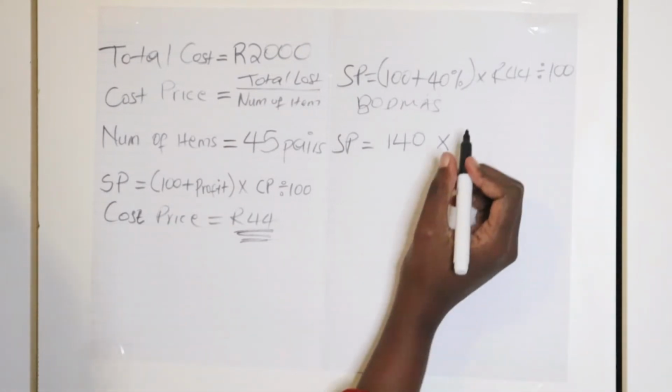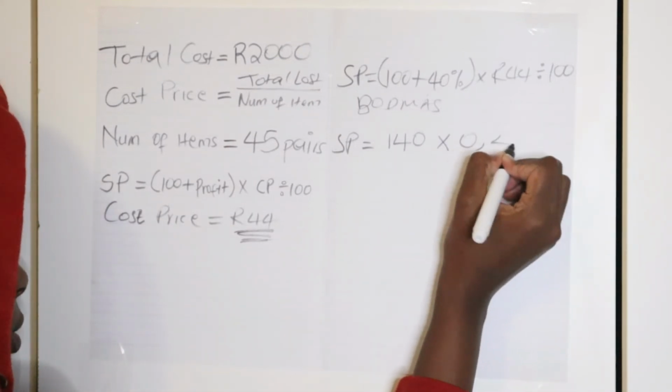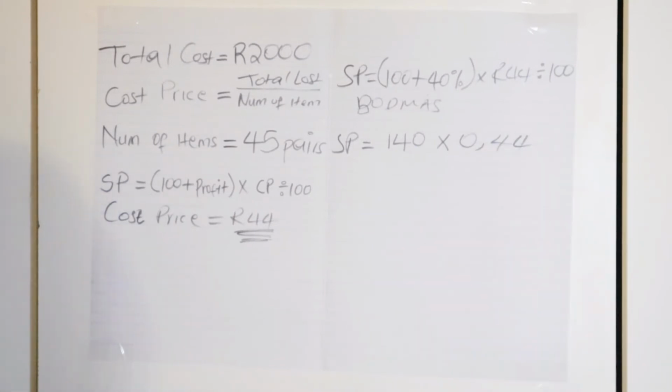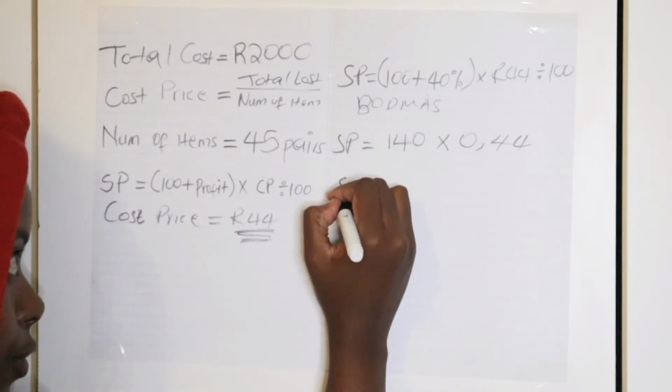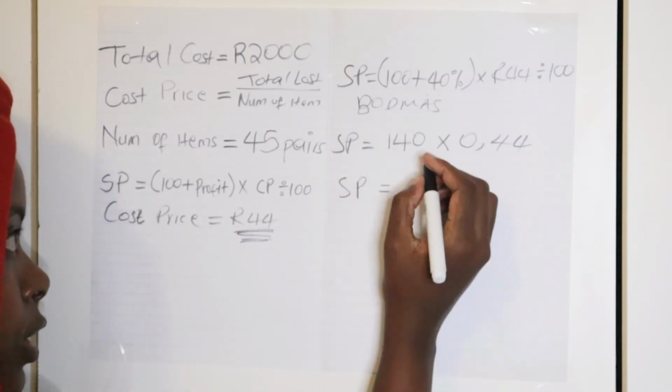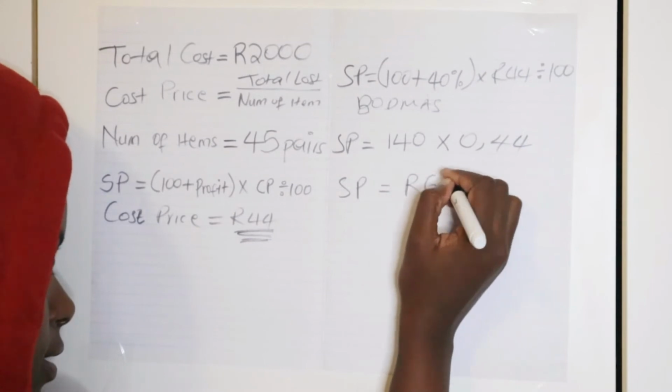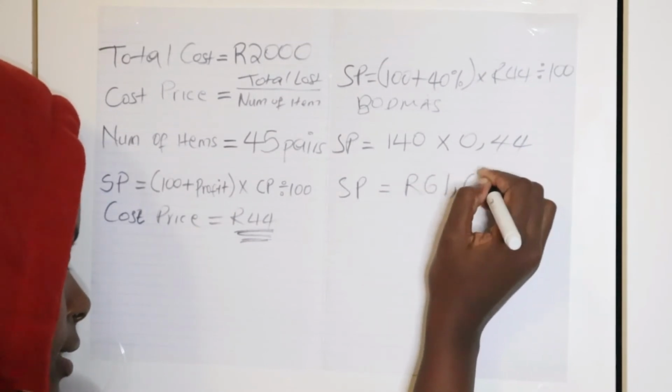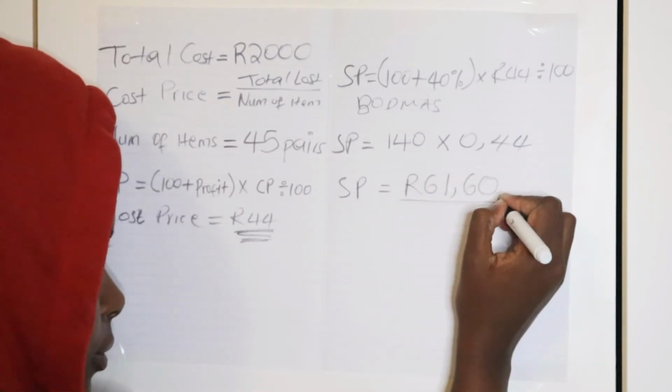How much does that give us? It gives us 0.44, right? And then we multiply our 140 by 0.44. How much does it give us? It gives us 61 rand 60 cent.